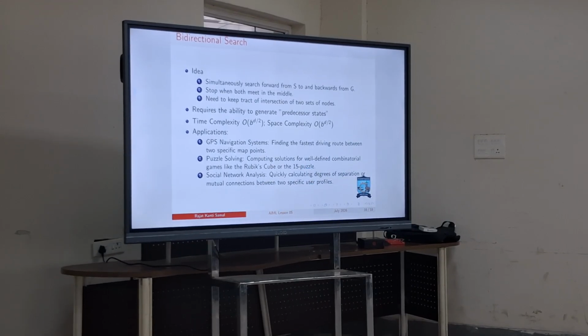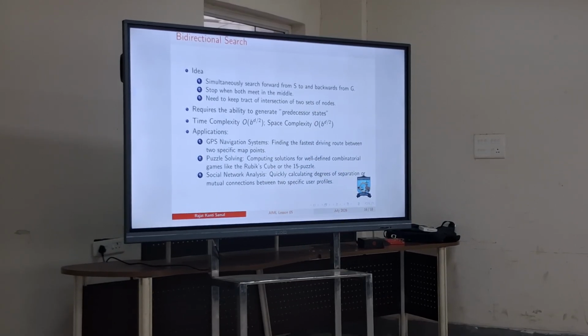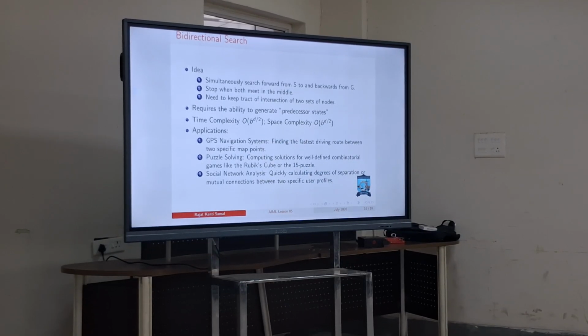That means both top to bottom as well as bottom to top. This is also known as reverse engineering. You have a product, you try to find how it was formed. At the same time, you do a theoretical calculation from the top. Wherever you meet, you now understand the problem. That is known as bidirectional search.